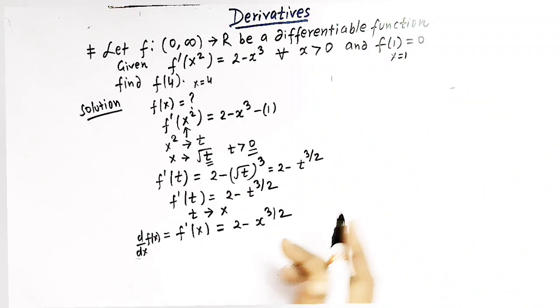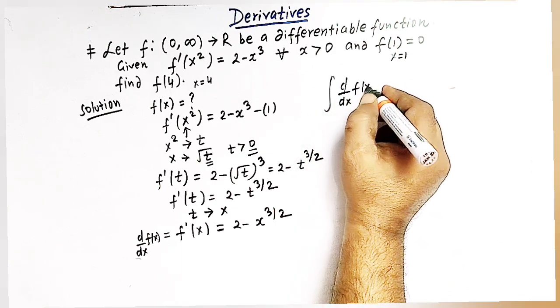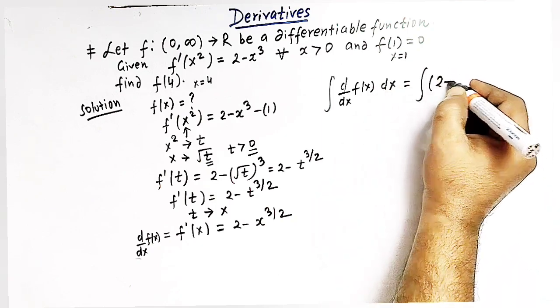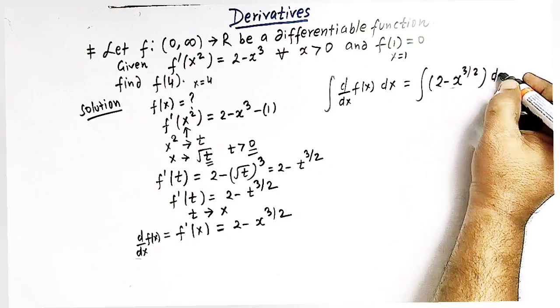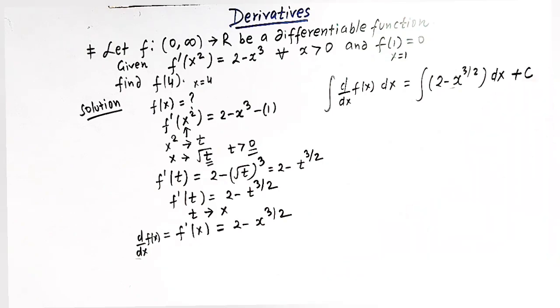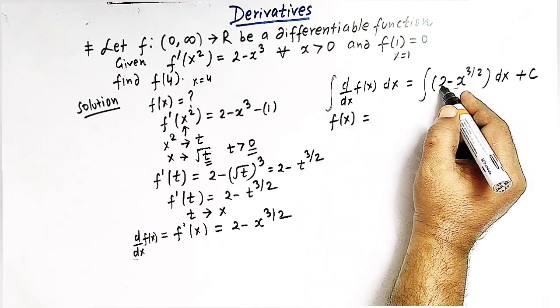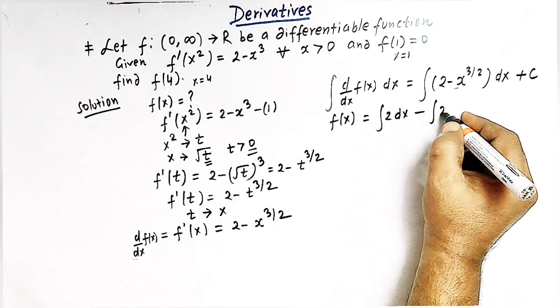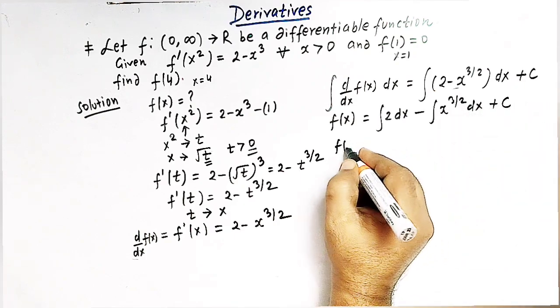So integrating both sides with respect to x, we have d by dx of f of x, integrated with respect to x, equal to the integral of 2 minus x raised to 3 by 2 dx, and c is the constant of integration. So now we have f of x, and here we have simply integral 2 dx, then integral x raised to 3 by 2 dx, and c, and this is f of x.